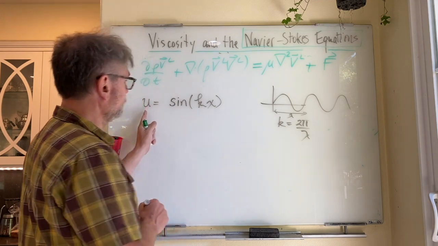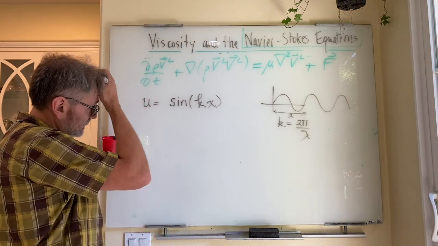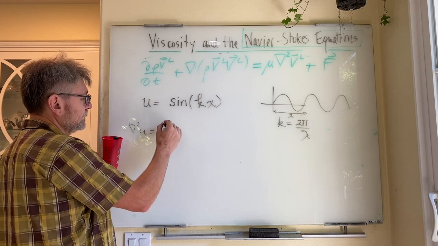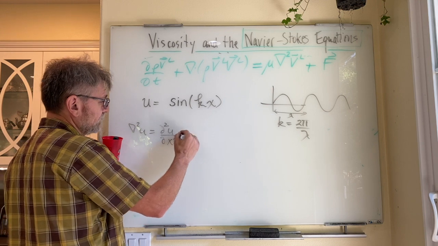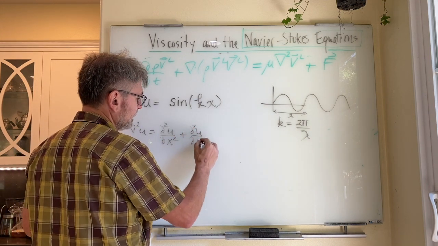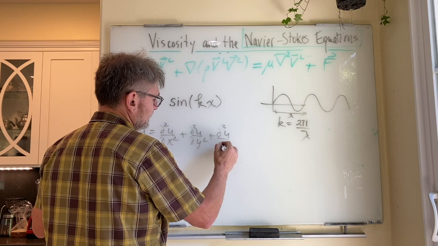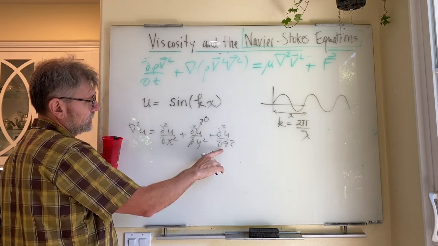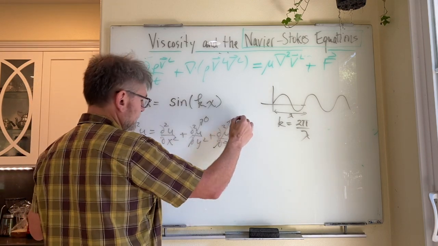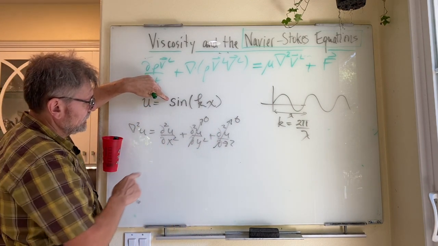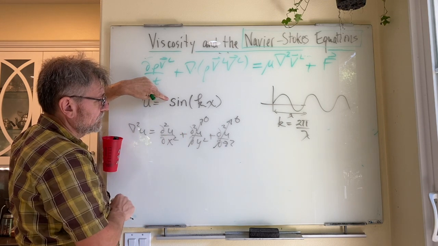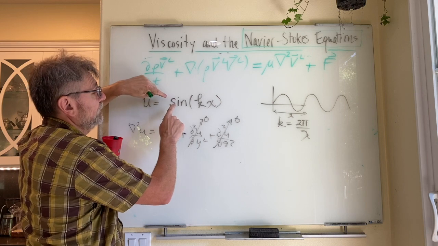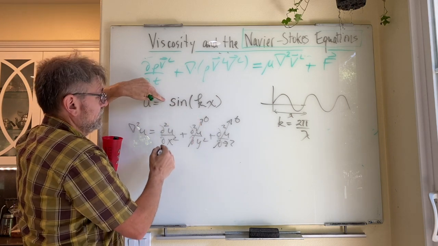Okay, so if I have u this way, then if I apply the Laplacian to this thing, remember the Laplacian of u is going to be d2u/dx squared plus d2u/dy squared plus d2u/dz squared. Well, d/dy of this is 0, so that does nothing. d/dz of this is 0, so this does nothing. But d/dx of sine is going to be a plus k cosine kx for the first time.